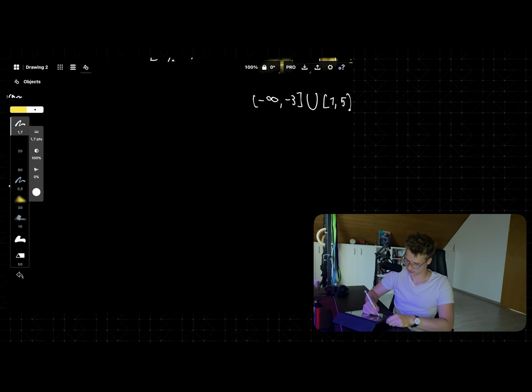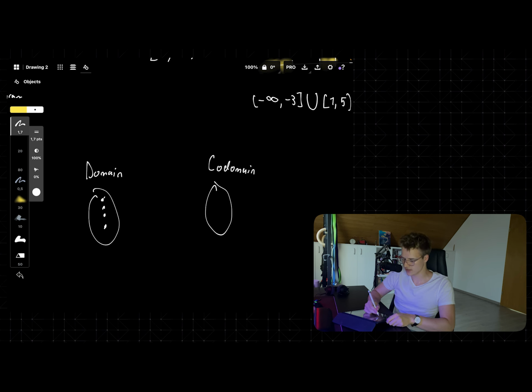So you have a domain, you have a codomain. Let's say these are some elements. Every element on the left side has to have an arrow pointing to an element on the right side. Okay?